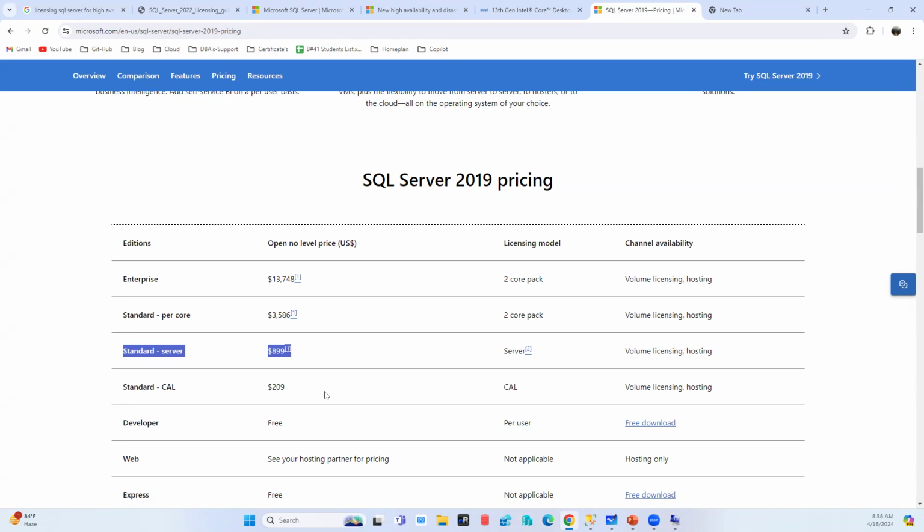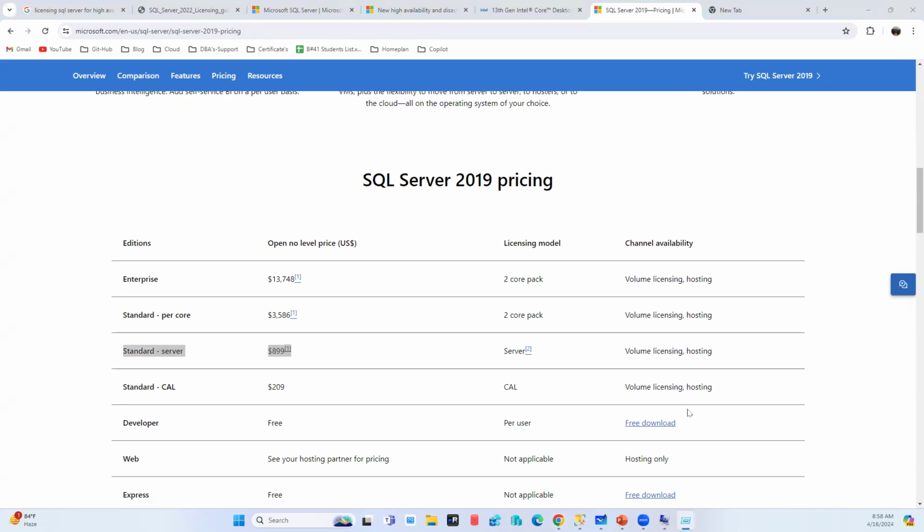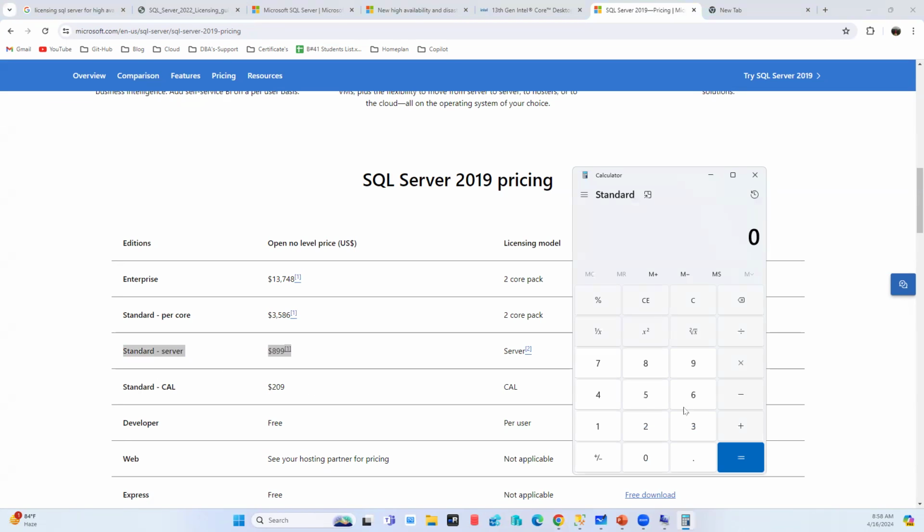For example, I am going to purchase one server. If I open the calculator, 899 plus only one client. Currently only one client is accessing my SQL Server. Then I add 209, which equals 1108. Microsoft is going to charge per server, per client access.